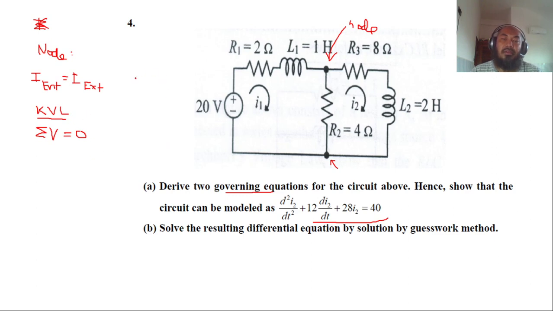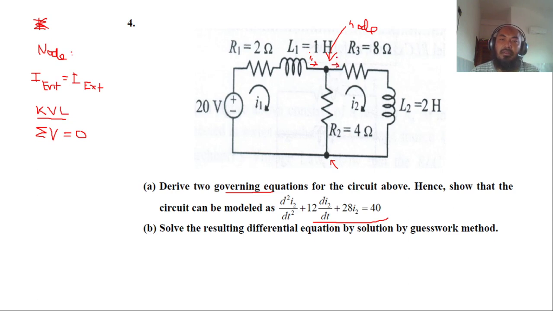So in our case, let us start with the current. Let us say the current is flowing from here. So this is E1, I1. And after that this is I2.